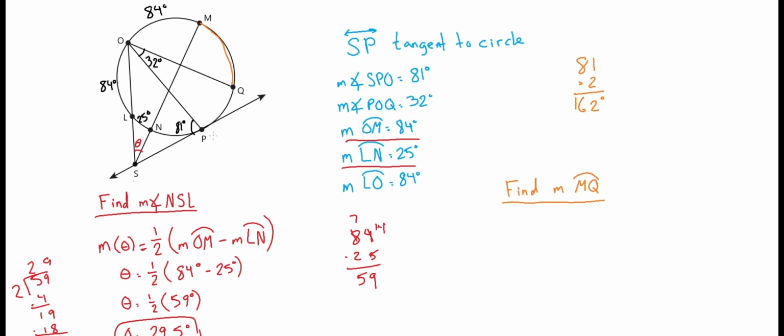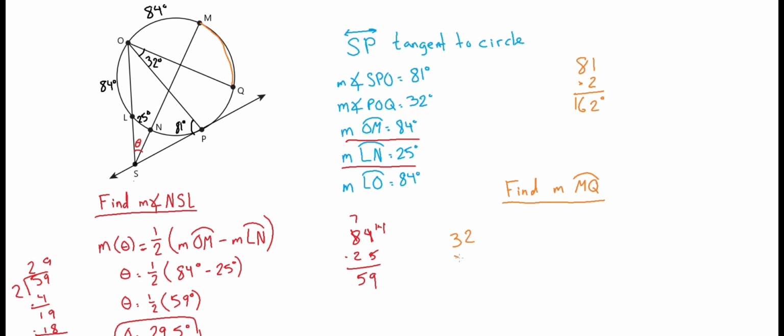We have OM. The only thing we need to find in order to find MQ is PQ. PQ would just be 32 degrees times 2, right? Because angle POQ, the point sits on the circle, which means it's half the degree measure of the arc that it intercepts.